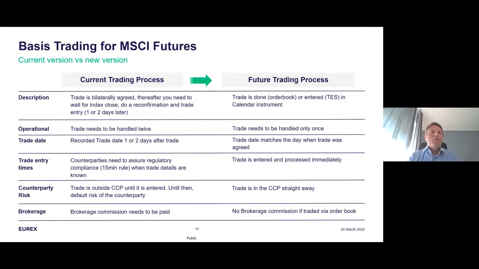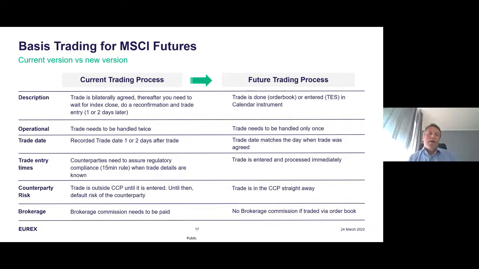Similar to that, you need to make sure that you are sticking to regulatory compliance when it comes to trade entry time. So the 15-minute rules need to be observed when you do the block trades today, whereas later on, this is not such an issue because everything is done right at the beginning of that trade.